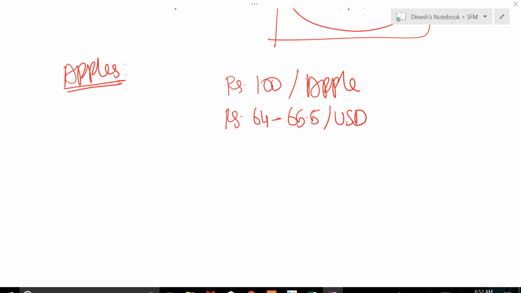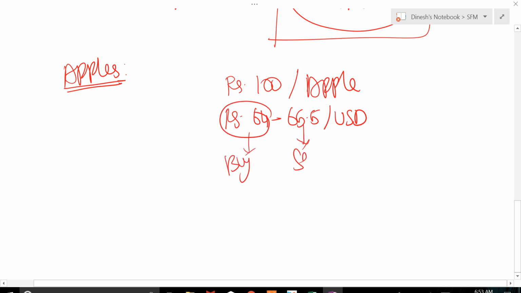If the supermarket wants, he can also give the purchase price of an apple, but he will not tell it to us. But he will have a purchase price; he is going to buy it from someone. So rupees 64-65.5 means the bank will buy at 64 and sell at 65.5. In the process, they are going to make a profit of 1.5.